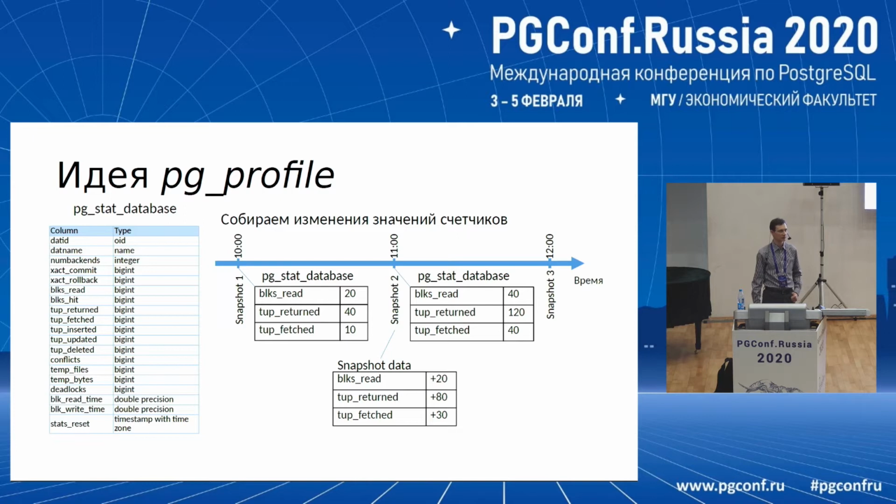We can take screenshots maybe once in half an hour, once an hour, and it should be enough to identify the processes which load the systems too much. For example, if some query loaded our server for 1 or 2 minutes, with high probability we will see it. So we take screenshots, and each screenshot will show us, for example, block reads 20, snapshot 2 shows us 40.